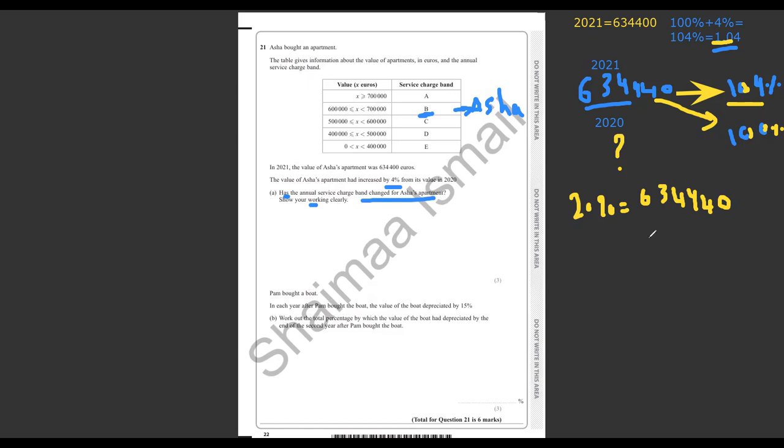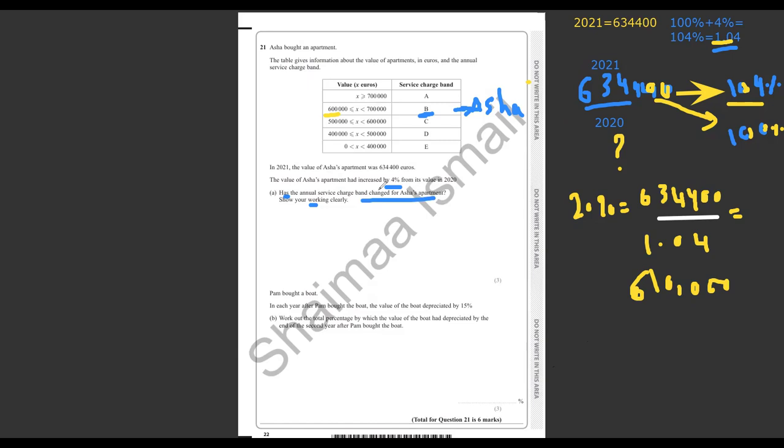Dividing by 1.04, and what is 1.04? That is the percent increased. We change it to a decimal just to make it easy. This gives 610,000. And she is still in the same band.